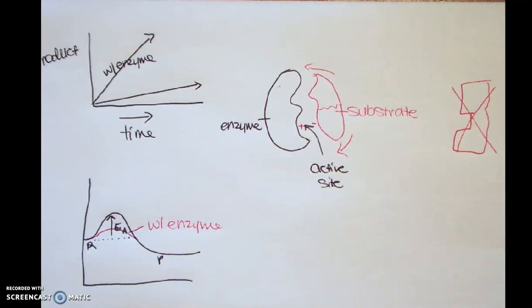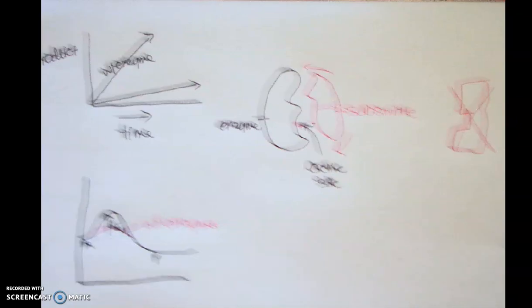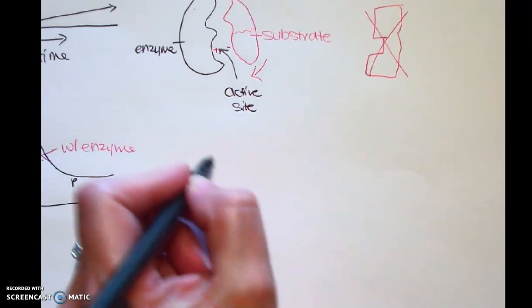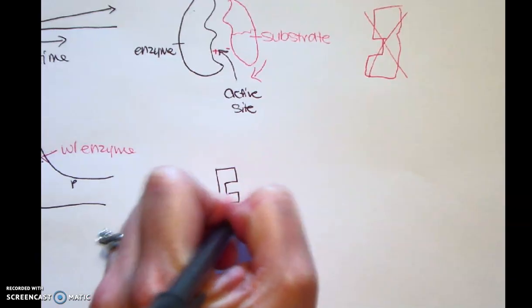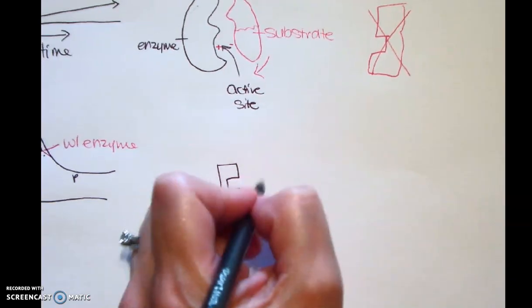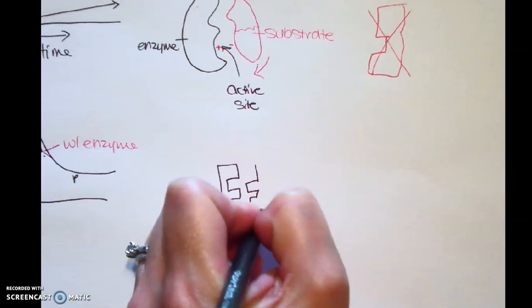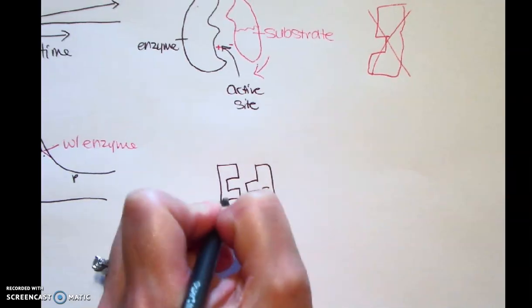And then the last is I can contrast a lock and key and induced fit models of enzyme-substrate interactions. There are two real models of how we think enzymes and substrates interact. The first is the lock and key. So that's the enzyme. Then this would be the substrate.